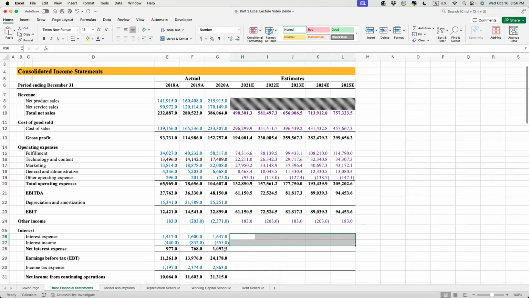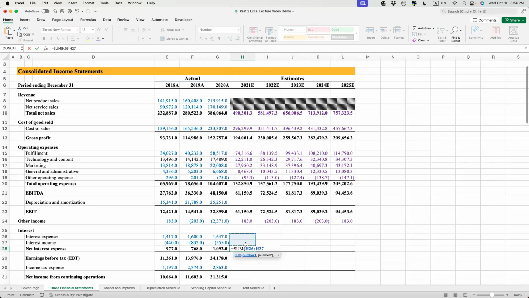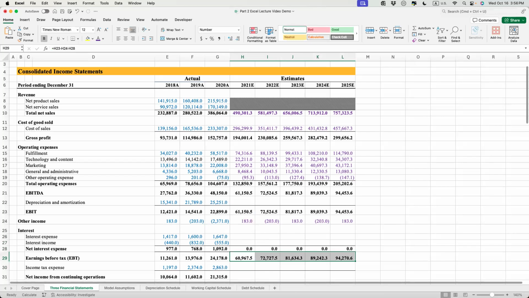So we'll leave it blank for now. But for the total net interest expense, we can still calculate it by taking a sum of these two rows. After we've done that, we can continue calculating the earnings before tax by using the EBIT. We're going to subtract this other income, subtract the net interest expense. We got this value calculated.